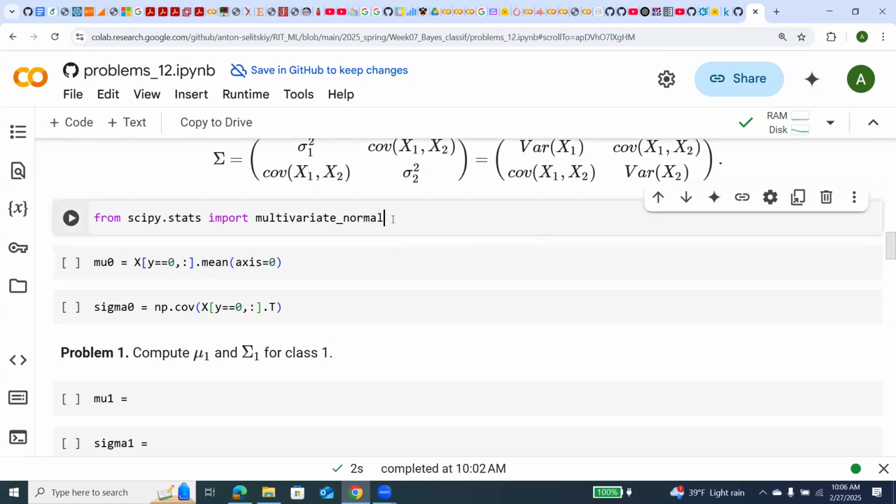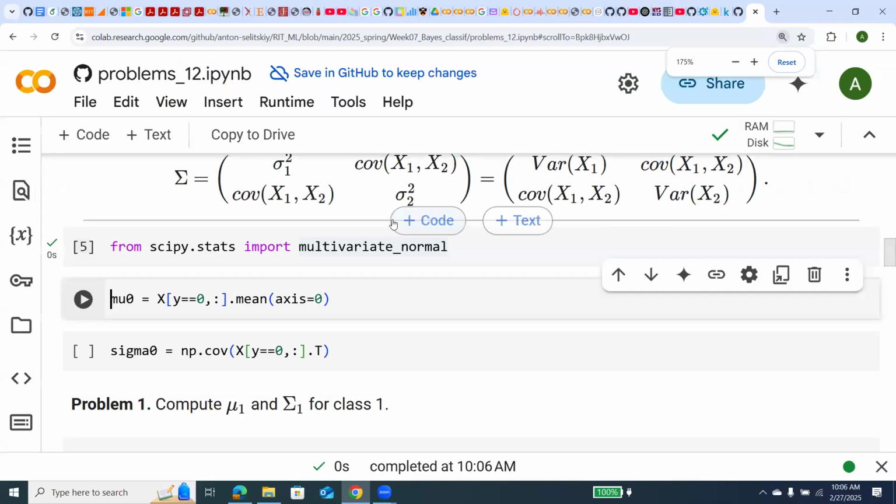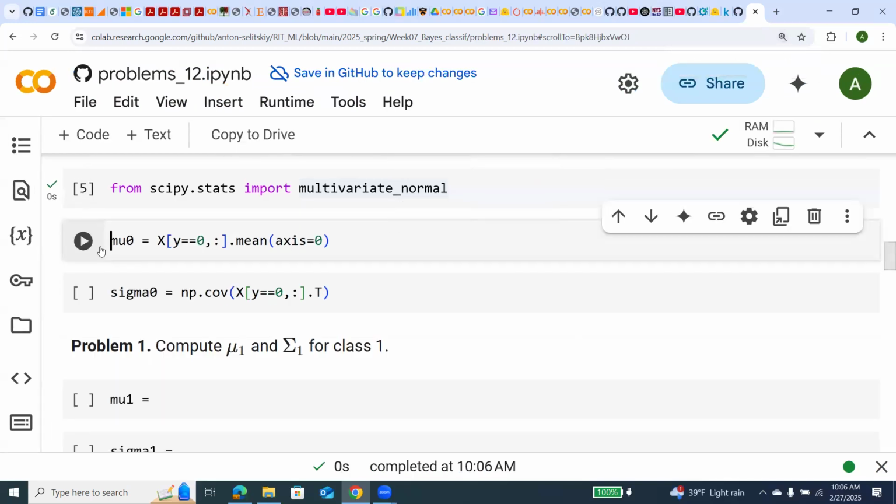So here is an example of how to calculate. Oh no, I actually use class 0. So to calculate mean, I take the data with label 0 and calculate the mean.